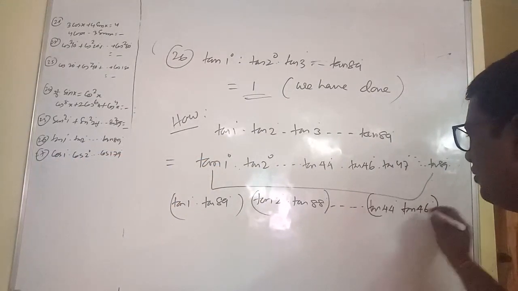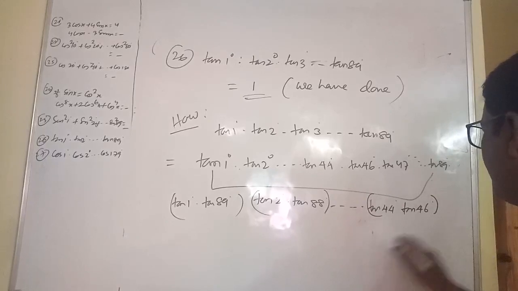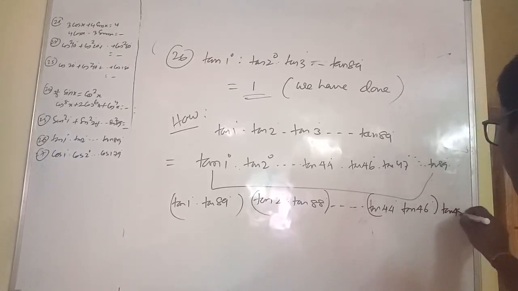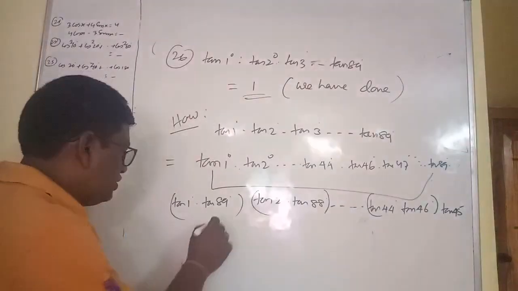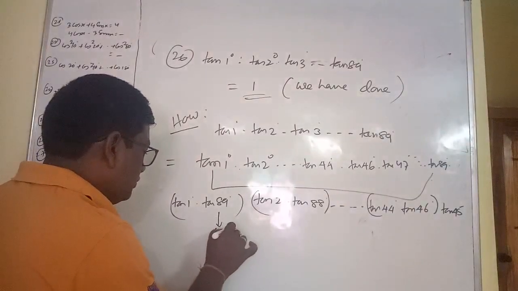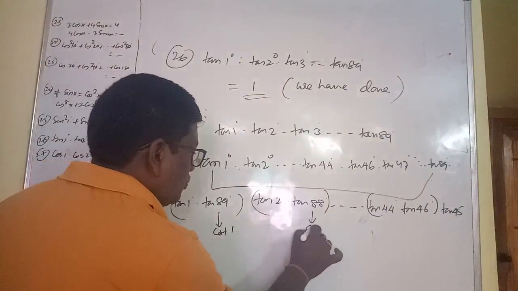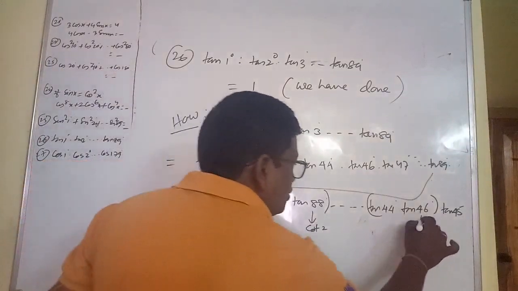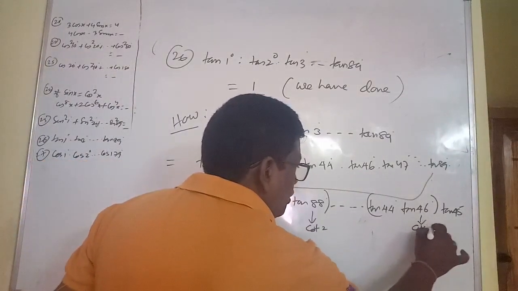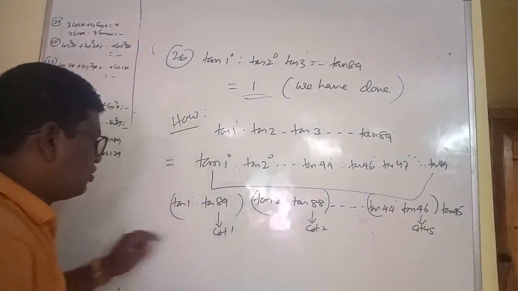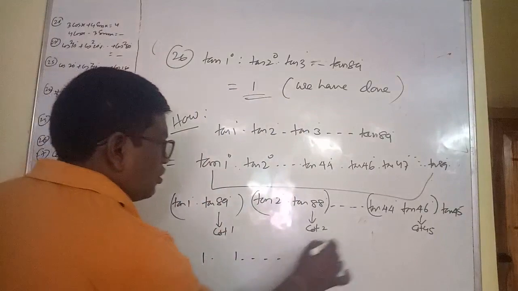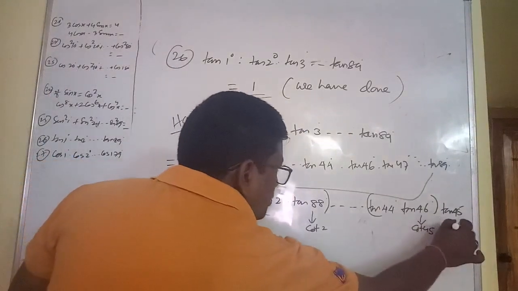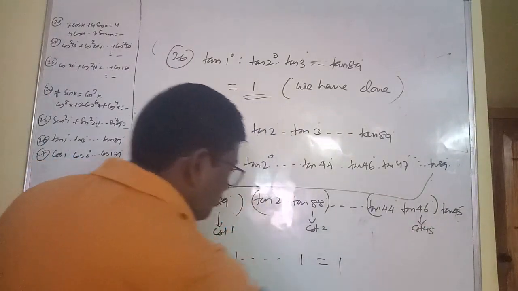The remaining term is tan 45. Tan 89 means cot 1, this is cot 2, and so on. So tan 1 into cot 1 into tan 45 is equal to 1. So the answer is 1.